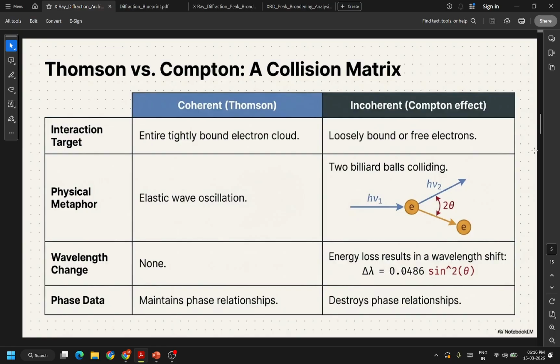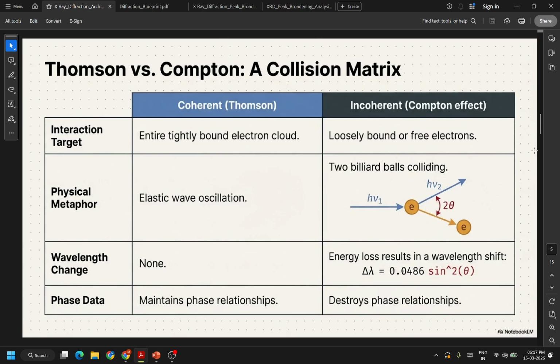So coherent scattering creates elastic wave oscillation, and incoherent scattering is where the X-ray causes an electron to move. That electron collides with another electron, and this way the energy is propagated, and those collisions result in loss of energy.